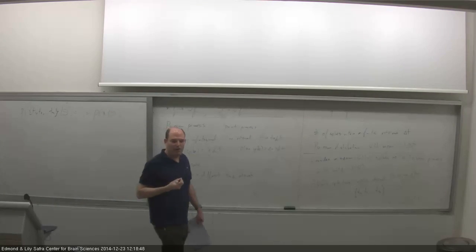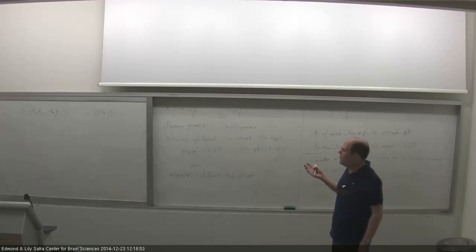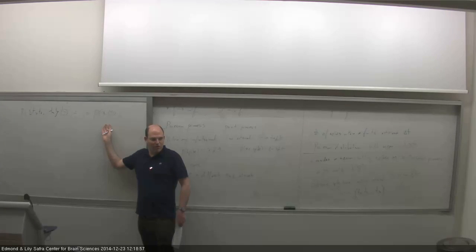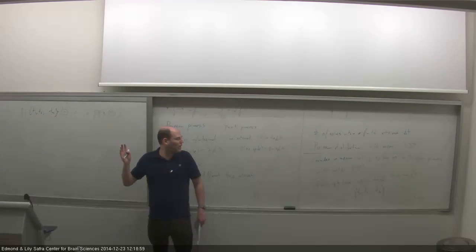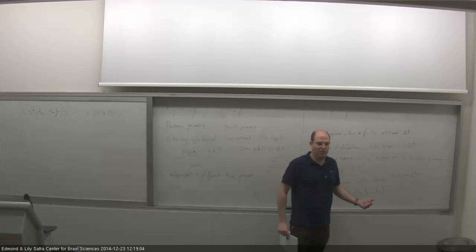There is nothing to learn about theta beyond that. If I tell you the number of spikes that the neuron has emitted within this time interval, you will learn nothing further about theta by knowing the precise timing of the spikes. This is a very non-trivial statement.